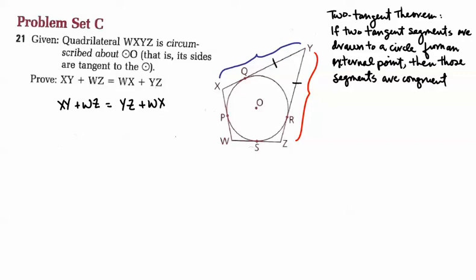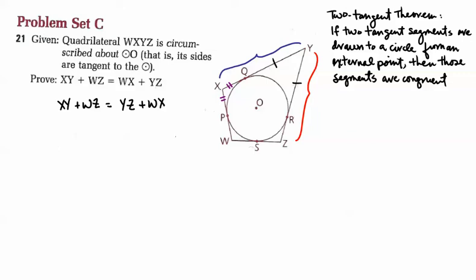So what we need to show now is that RZ is going to be equal in length, or congruent, to XQ. But we do have a number of tangent segments going along here. First of all, XQ and XP are going to be congruent because they are tangent segments drawn from an external point.